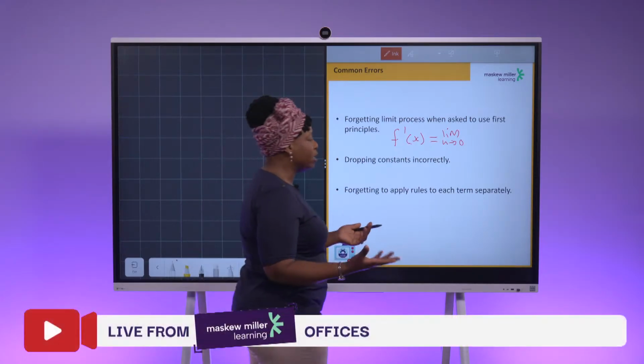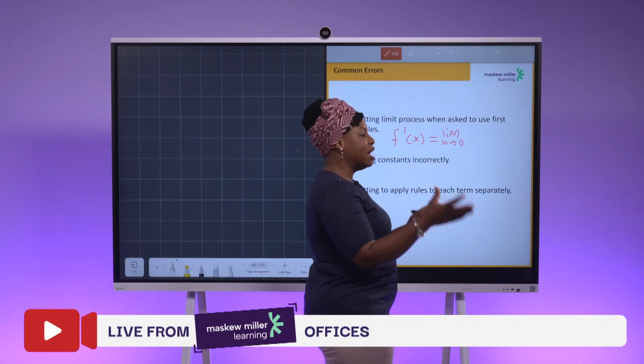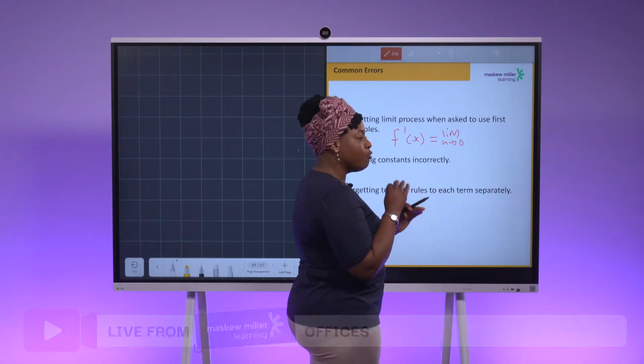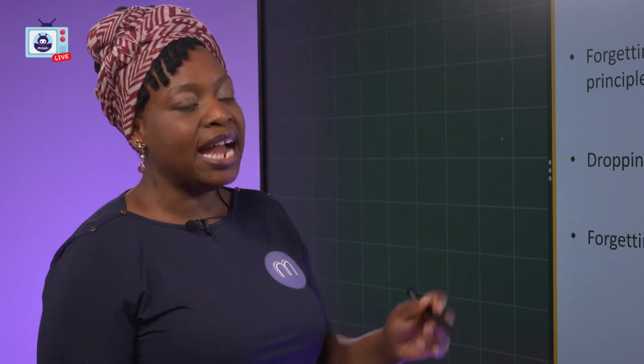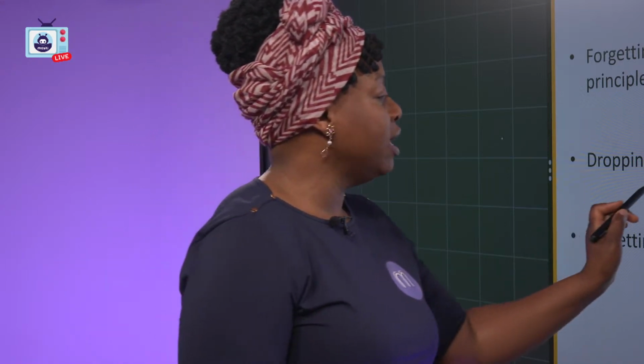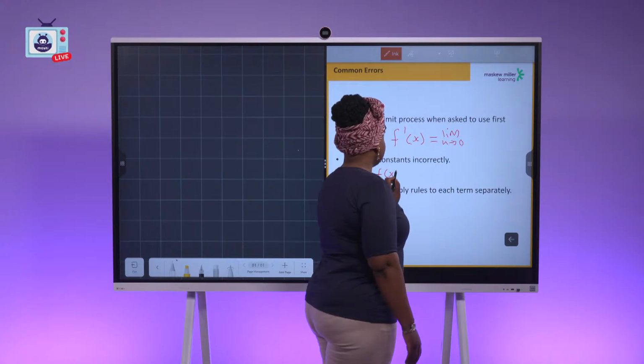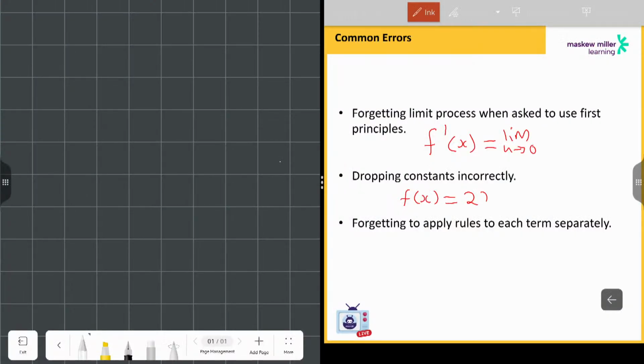The next one is when you drop the constant incorrectly. What do we mean? We're saying that whenever you are doing any derivative or using a formula or even using the rules, you should not look at the constant as if it has to be derived. For example, if you had f of x equals 2x to the exponent 3, when you derive, you do not look at 2, you only look at x to the exponent 3.